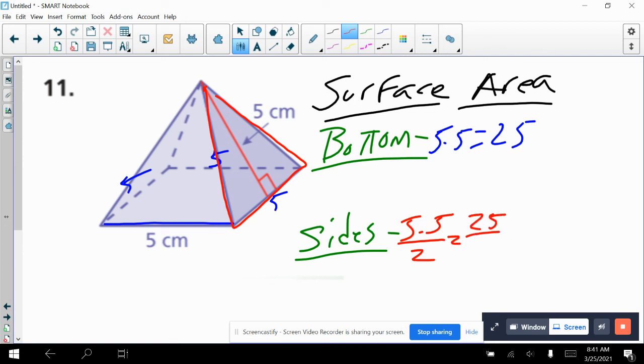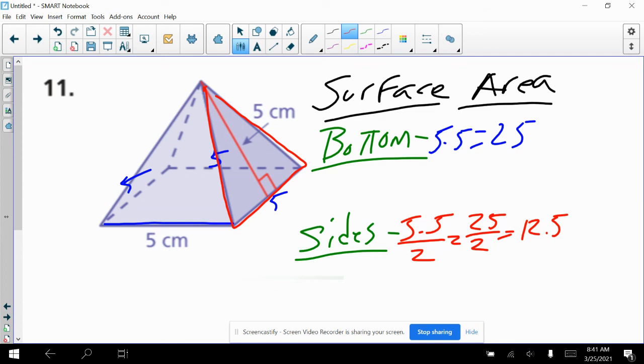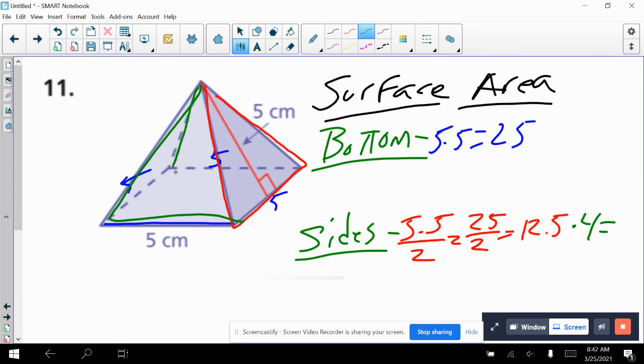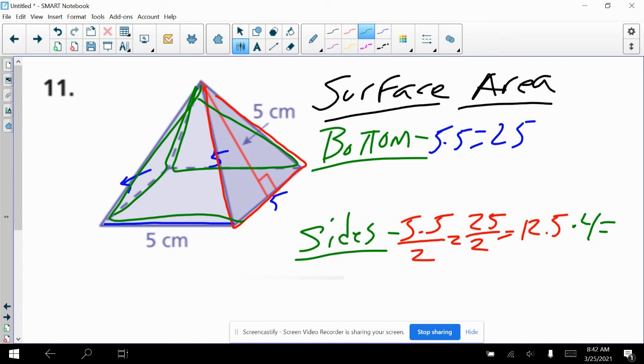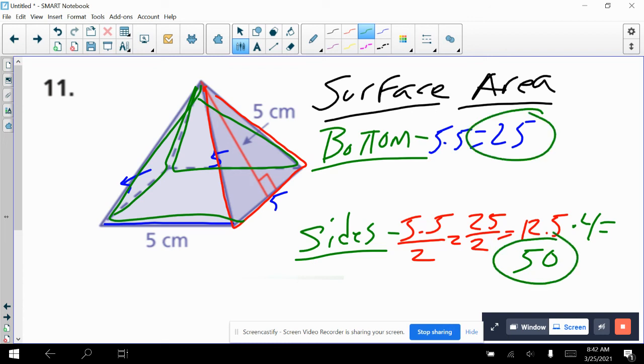So 25, we get 12 and a half is one triangle. Make it easy for yourself. You're going to multiply that by 4 because all of these are the same. When we do that, we get 50. 50 and 25, you should have gotten 75 centimeters squared.